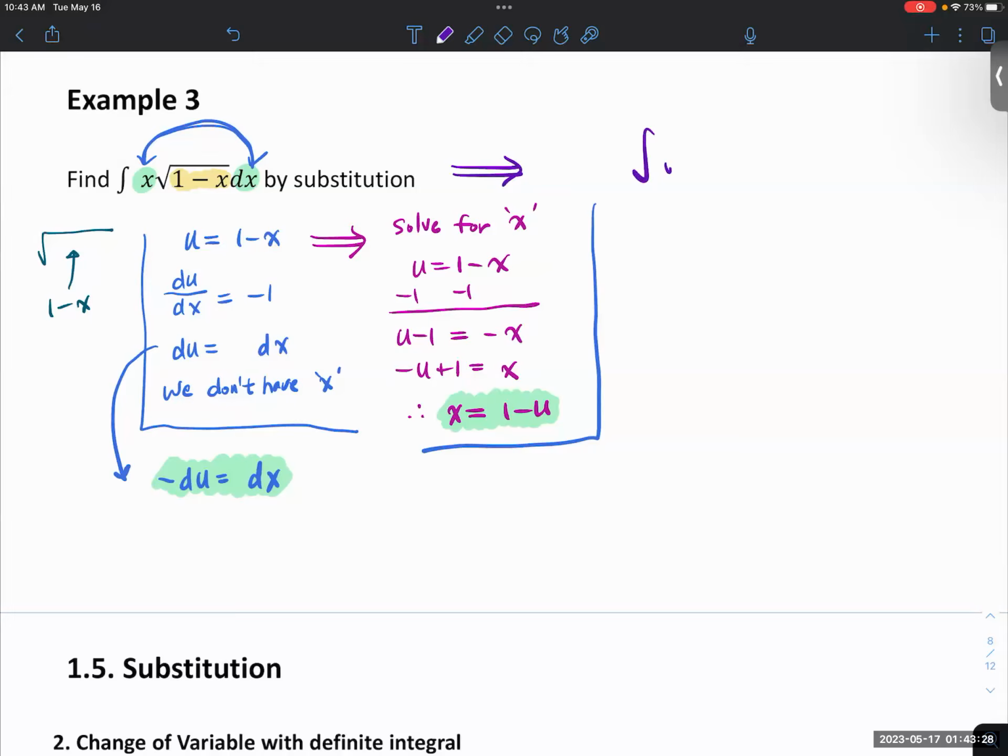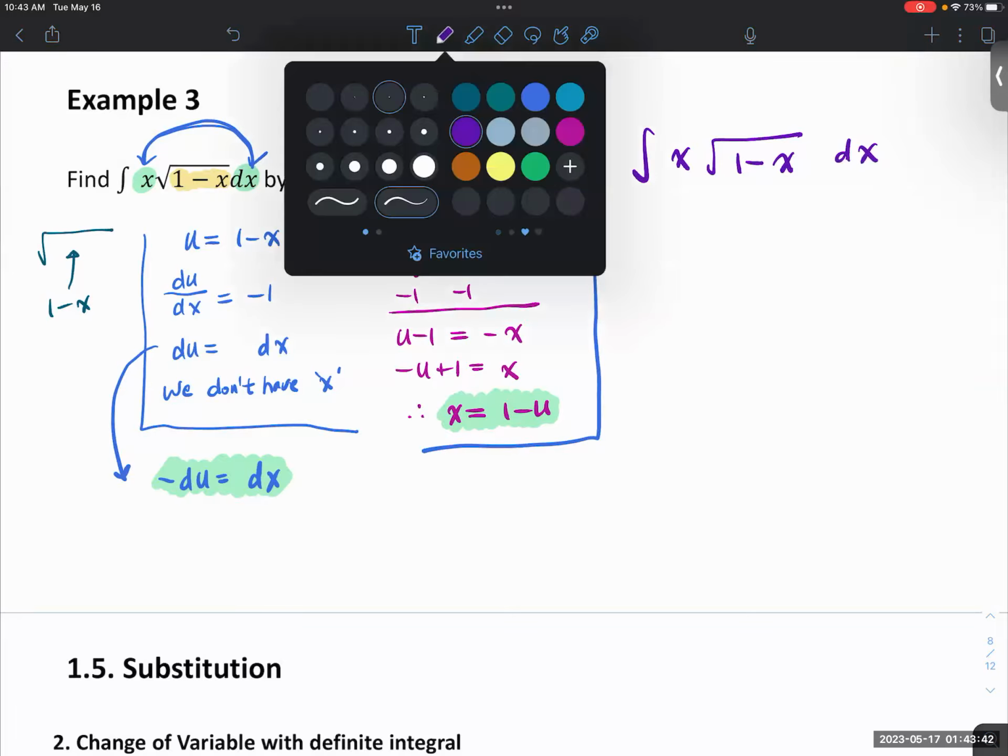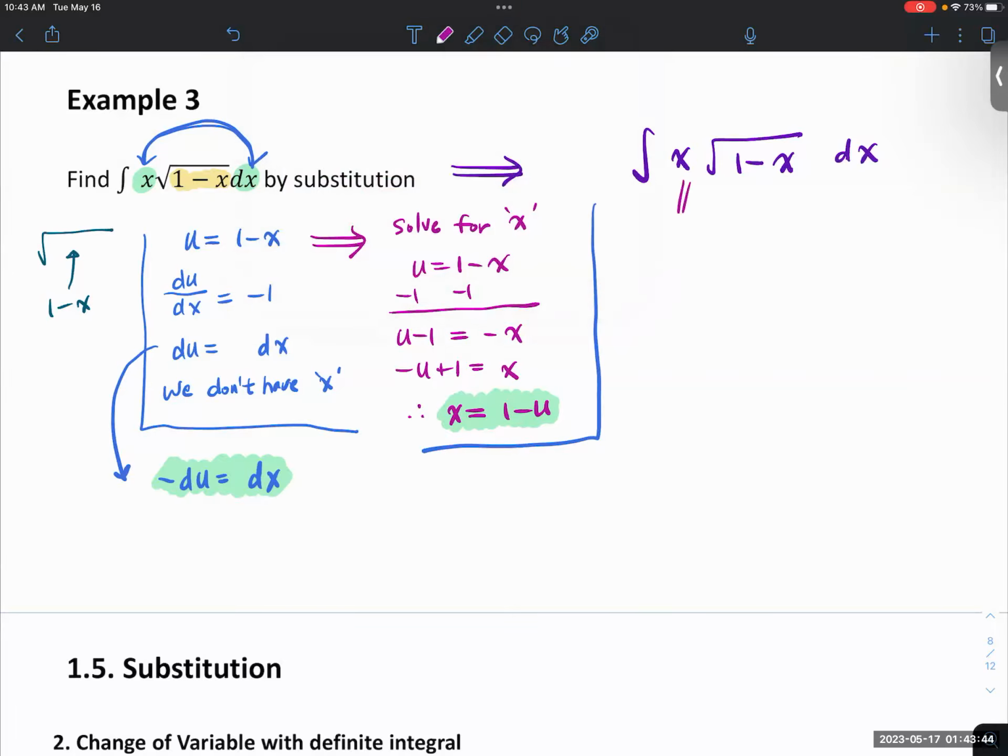So I'm going to modify this. What happened? The integral of x radical 1 minus x dx. Oh, we have everything. X is 1 minus u. Radical 1 minus x, that's a radical u, because 1 minus x is anyway u. Dx is a negative du.